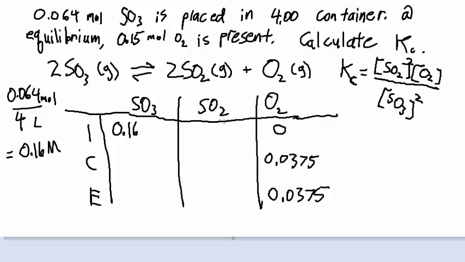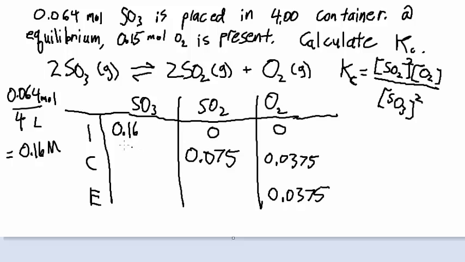Now likewise, we also started out with no SO2 in there, but the change for SO2 is going to be twice that of oxygen. So this change we have for oxygen, we've got to double that, multiply it by 2 to get the change for SO2. So we end up with 0.075. And we double it because of the stoichiometric coefficients here. There's twice as much SO2 being created compared to oxygen.